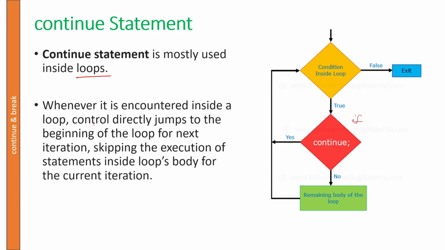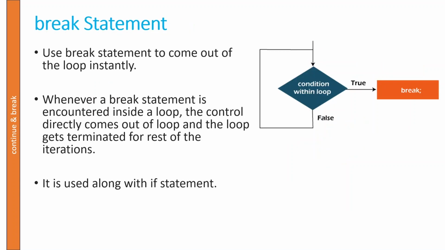When it comes to break keyword, it is going to terminate the loop. So we have break statement, and we use break statement to come out of the loop instantly. Whenever this condition is true, it will terminate the loop and exit from the loop. Whenever a break statement is encountered inside the loop, the control directly comes out of the loop and the loop gets terminated for the rest of the iterations.